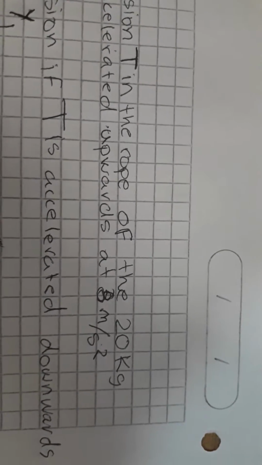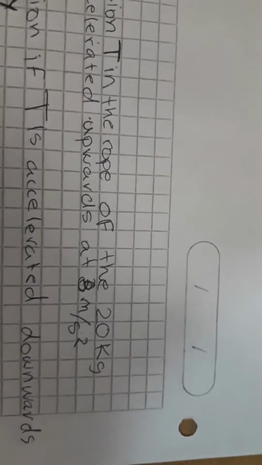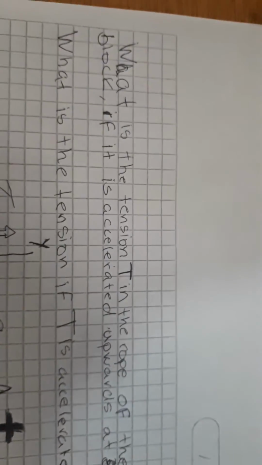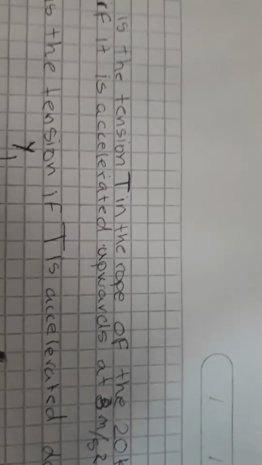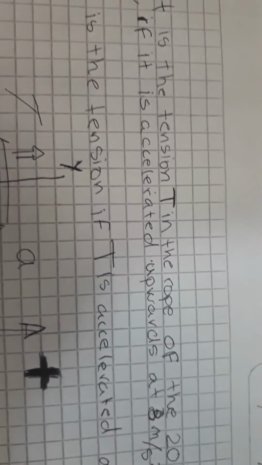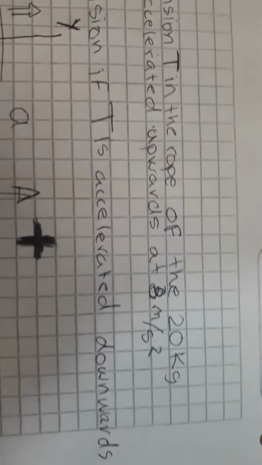What is the tension T in the rope of a 20 kilogram block if it is accelerated upwards at 8 meters per second squared? What is the tension if it is accelerated downwards?